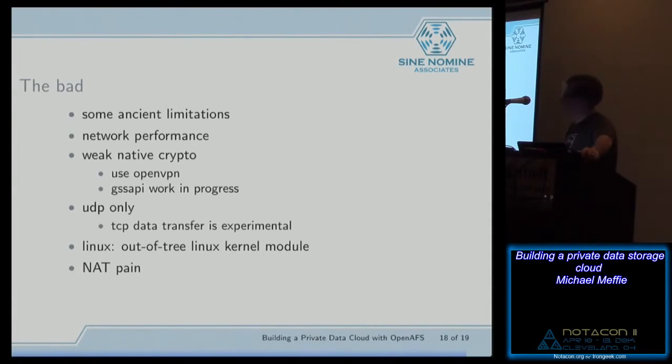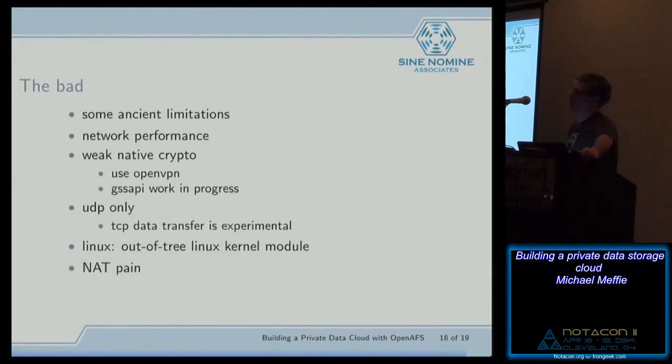Another pain point is that the Linux kernel module is out of tree. The code that we have for AFS is licensed under the IBM Public License, which is not compatible with the GPL. Even if it was compatible, I doubt the kernel developers would take it because it's a completely different style than the Linux kernel code. That could be an issue for sites that don't want to run an out-of-tree module.